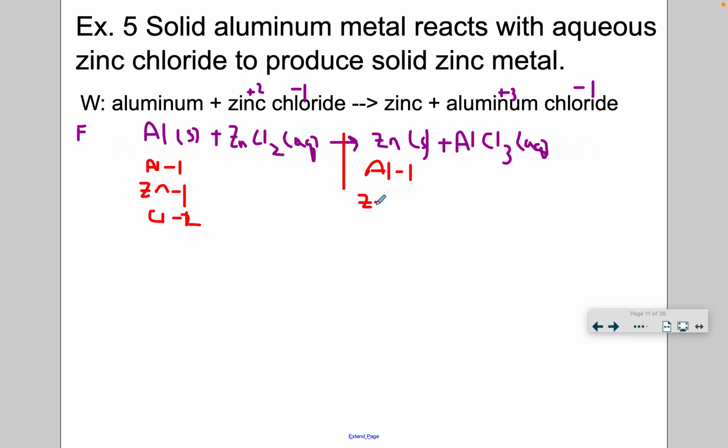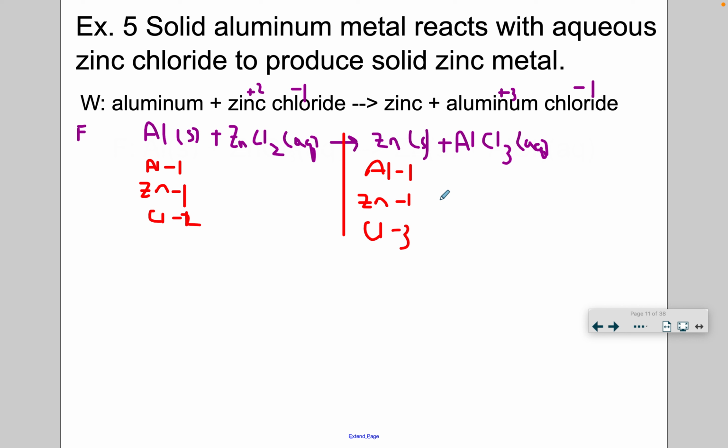Zinc, 1. Chlorine, 3. Okay, so my aluminums and my zincs are good. It's my chlorines that are not. And remember, you can only change the coefficients, so numbers in front of here, here, here, or here.